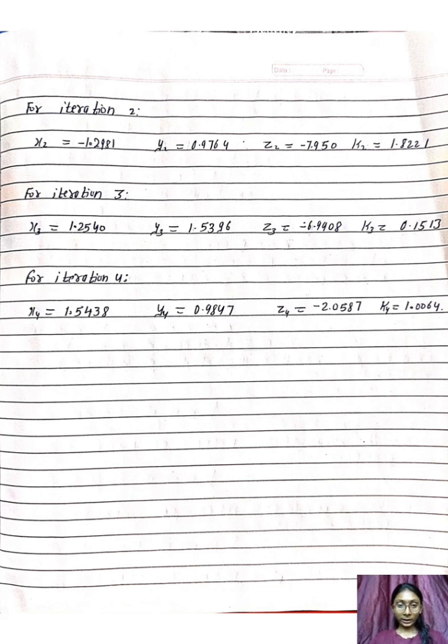In the fourth iteration we put the values of x3 in the equations, and we get x4 as 1.5438, y4 is 0.947, z4 is minus 2.0587 and k4 is 1.